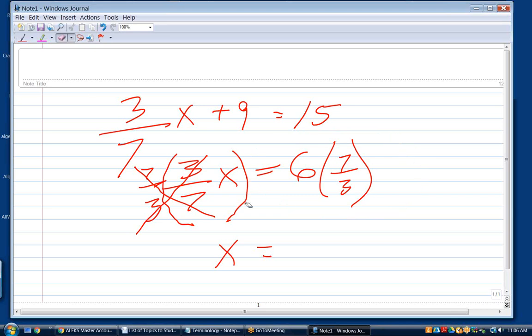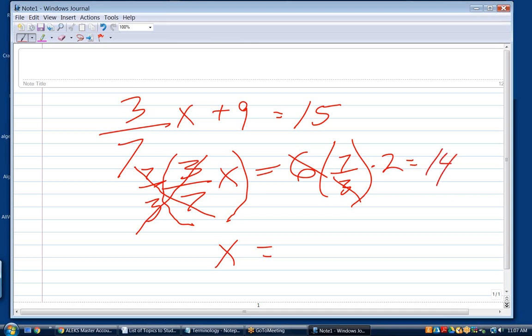Whenever you see a problem like this, with or without calculators, let's see if we can reduce the size of the numbers. That's always the goal, to work with small numbers. Well, what's 6 over 3? 2. So I can replace that with a 2. And then 2 times 7 is 14.